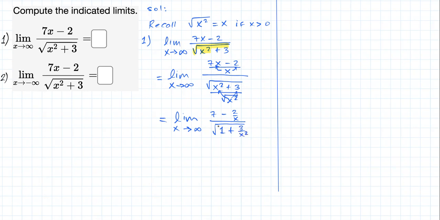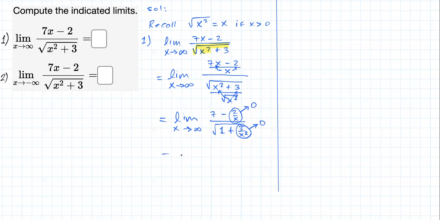Now, notice in the limit, 2 over x approaches 0, because x is huge. Think of a trillion into 2, that would be 0.00002, 0 in the limit. 3 over x squared, the same. Since x is huge, x squared is big, so this goes to 0 in the limit.